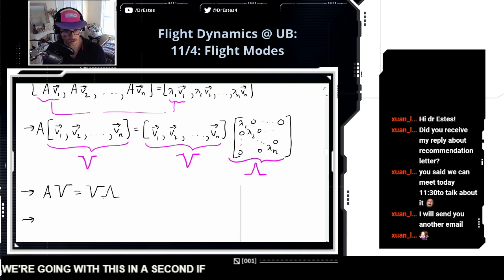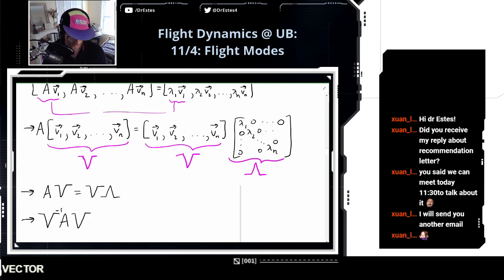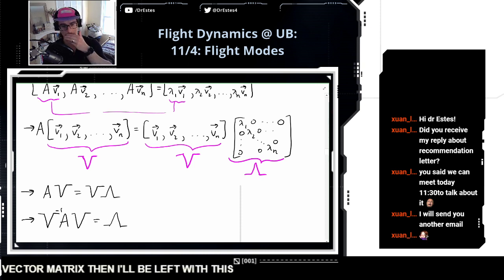If I multiply both sides by the inverse of this eigenvector matrix, then I'll be left with this. Once again, this is a diagonal matrix.